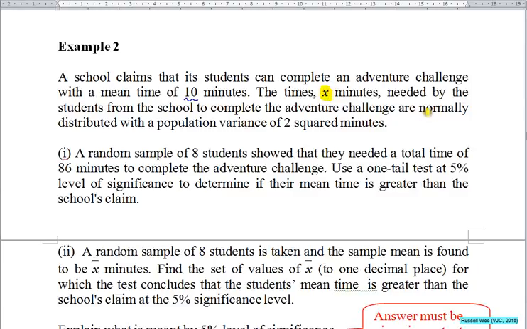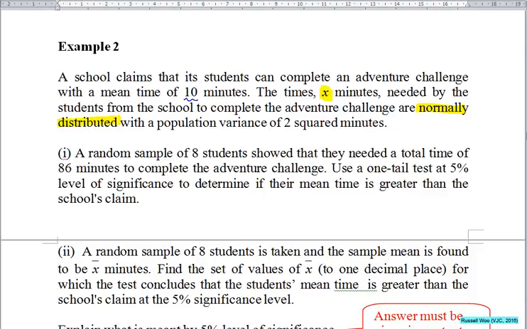The times needed by the students to complete is normally distributed. The moment you see this, you can therefore say that actually X is normally distributed.